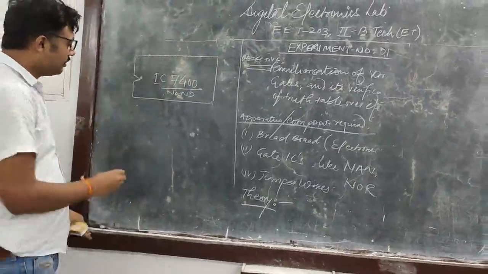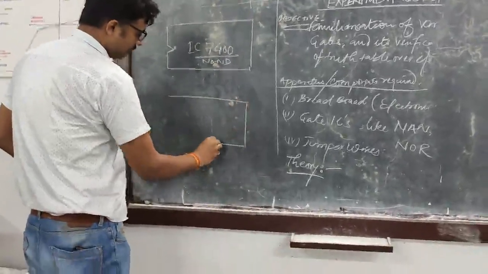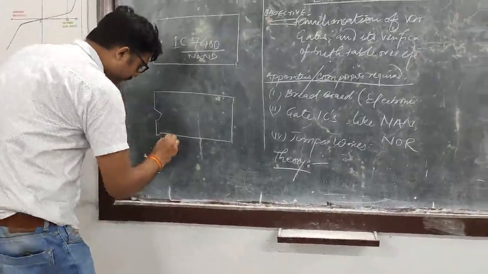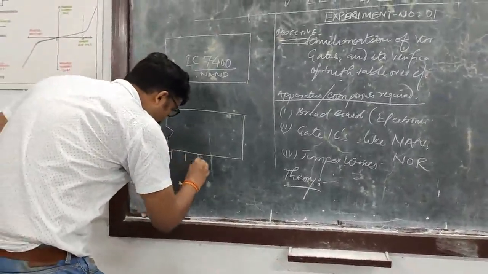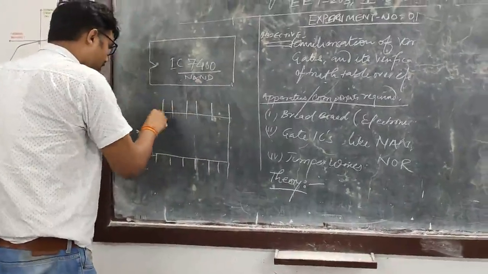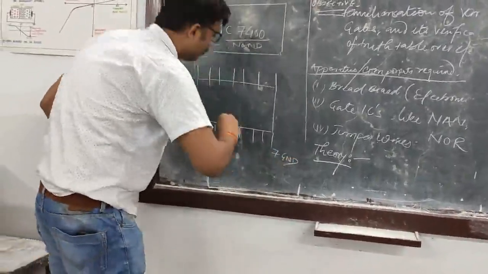Its internal circuit diagram must be drawn over the blank page. Like pins 1, 2, 3, 4, 5, 6, 7, 8, 9, 10, 11, 12, 13, 14. The 7th pin is ground.